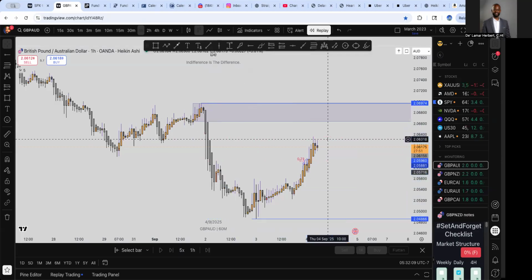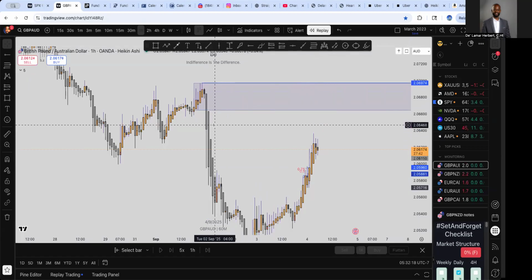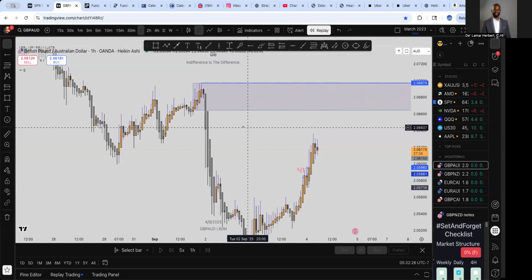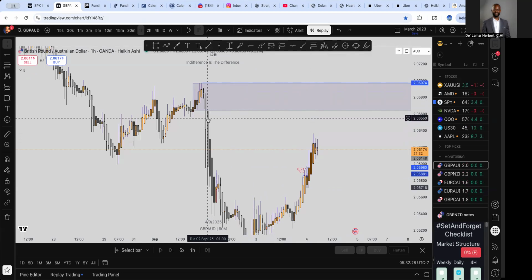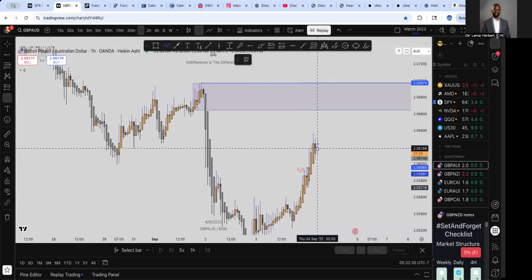So it's good to remember to try not to sell right below imbalances, and not sell below liquidity, right? What's happening here is that this imbalance is being mitigated right now, and you can see price just going up and up, and that looks like that's going to be the next move.